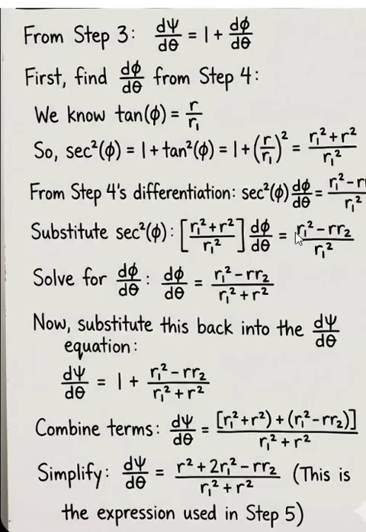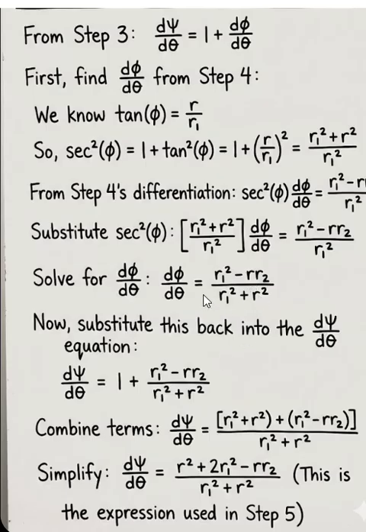It comes like this, and finally we can conclude that r1 square plus r square divided by r1 square into d phi by d theta is equal to like this. I'm putting the sec square phi value here. Then finally we can find d phi by d theta is equal to (r1 square minus r r2) divided by (r1 square plus r square).